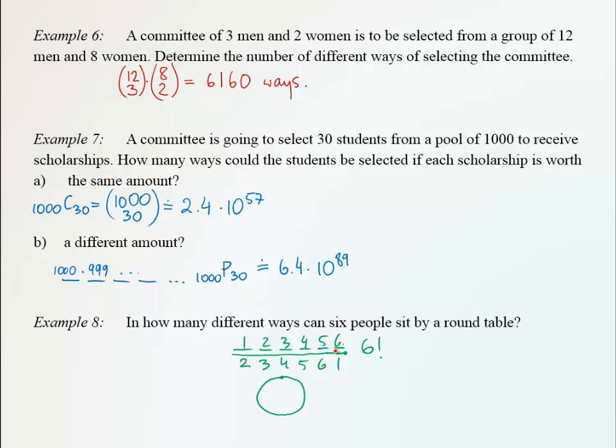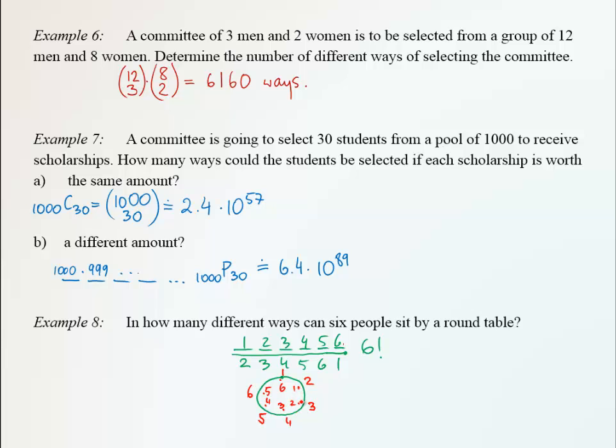Let's say the first arrangement could be like this: 1, 2, 3, 4, 5, 6. But if all these people rotate either 1 or 2 or 3 or 4 or 5 or 6 places, all of them the same way, then the new arrangement will actually be considered to be the same, because the arrangement where 1 starts from here, and then 2, 3, 4, 5, 6, is considered the same.